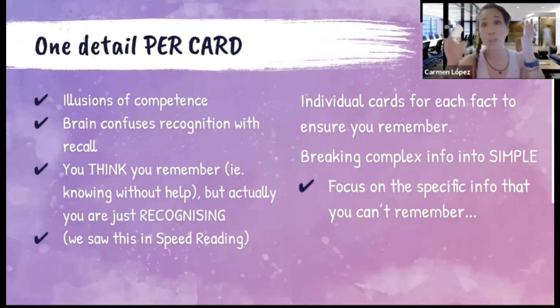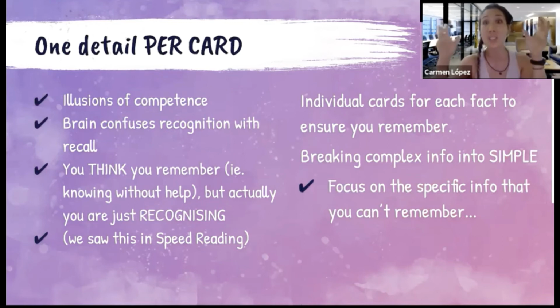Okay, we saw this when we were studying speed reading. When you read words, you recognize them, right? Many times you read paragraphs, you read sentences, you read phrases and verbs, and you recognize the words, and you think you know these words, but actually you're just recognizing the words on a screen.